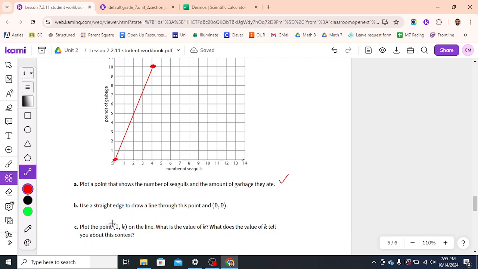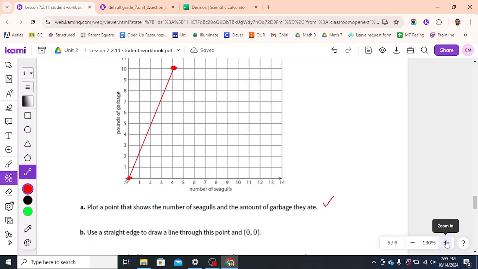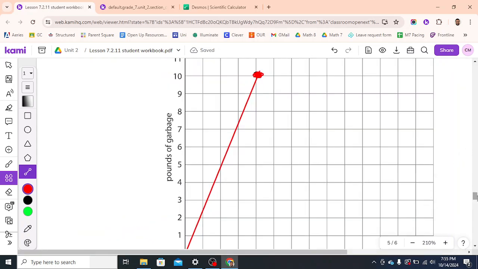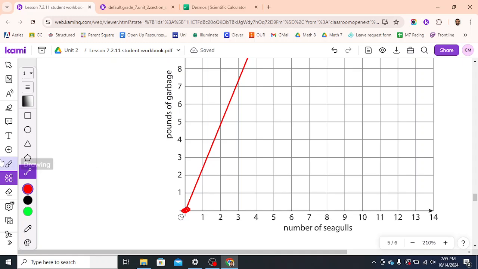Plot the point 1, K. So the reason they wanted you to do the line is to see where K is. Meaning I'm going to change my colors. If I go right 1, because remember that's the X, I'm going to travel up, and it's right about there.